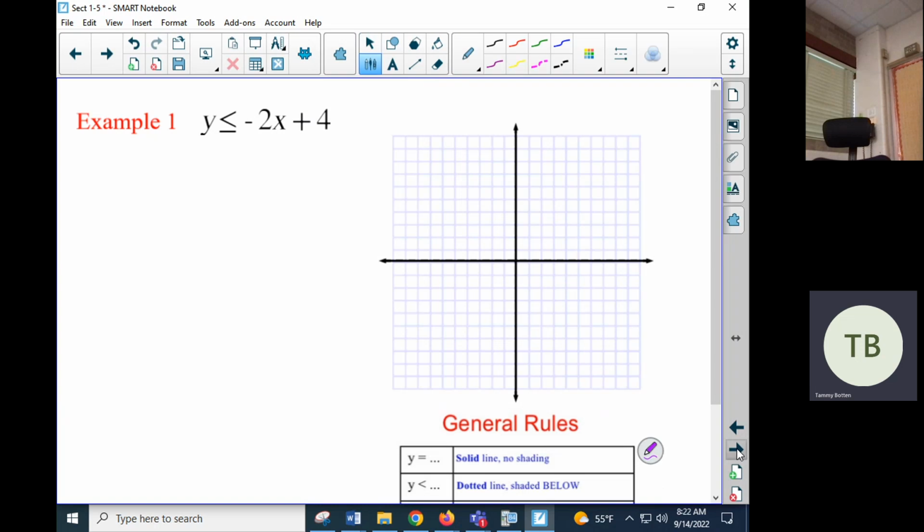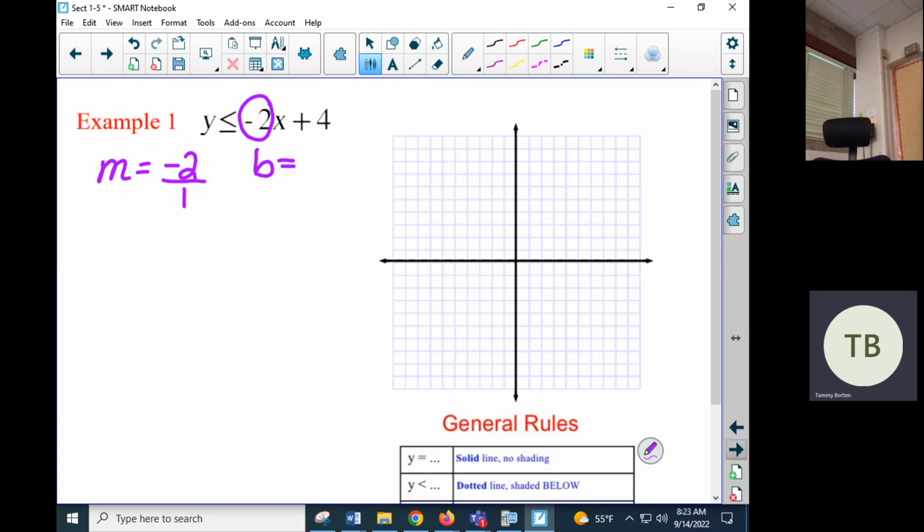So this one is nice because it's already in slope intercept form. So we can go ahead and say, what is our slope and what is our y-intercept? Okay, your slope is always what's in front of your x. And if your slope is just a whole number, you're going to put it over 1.